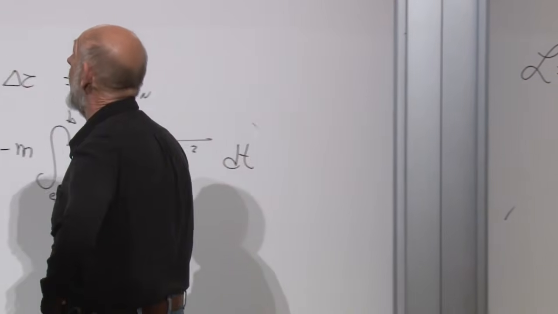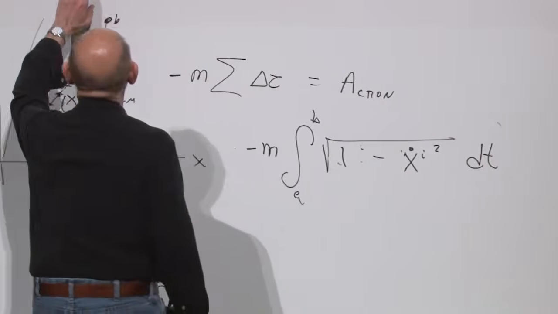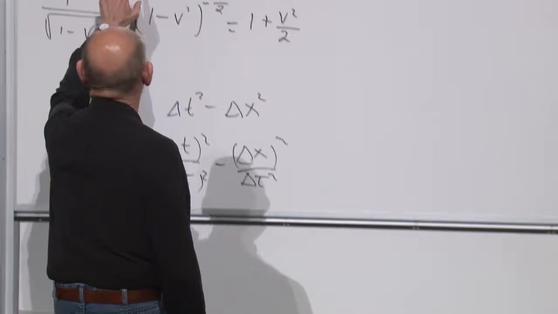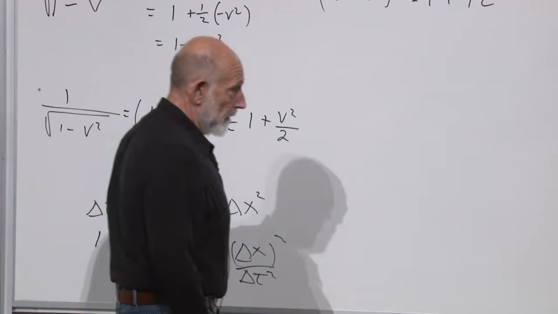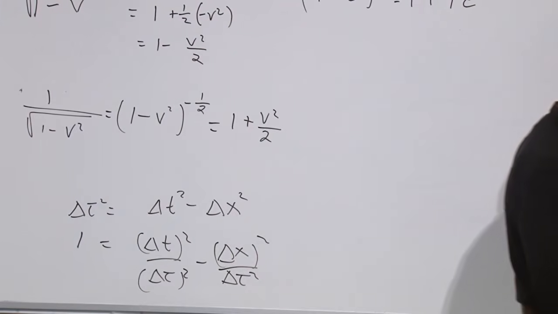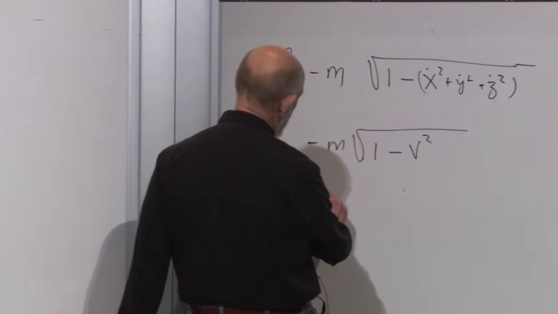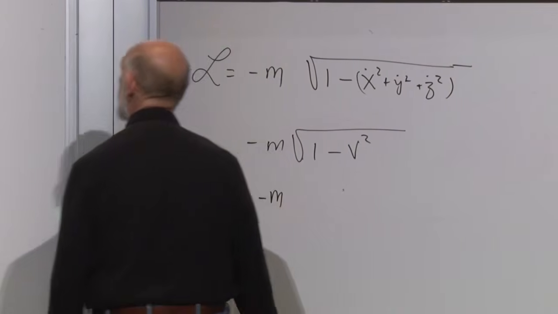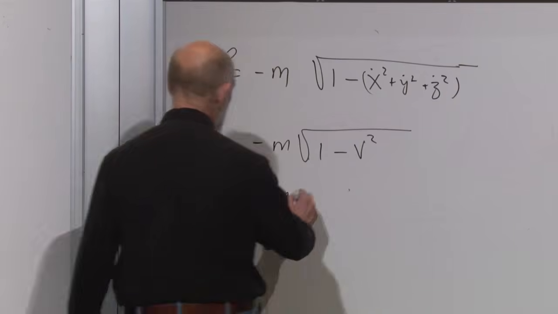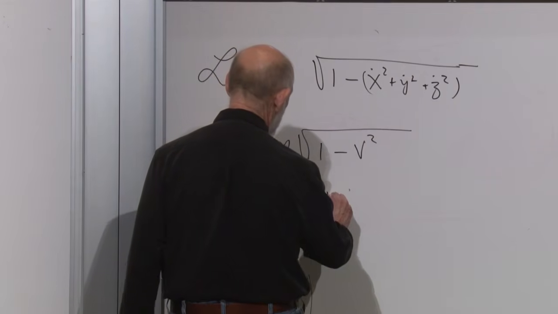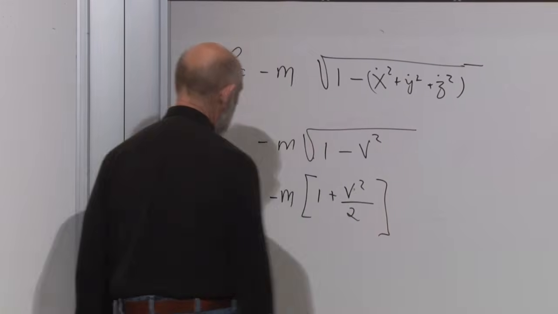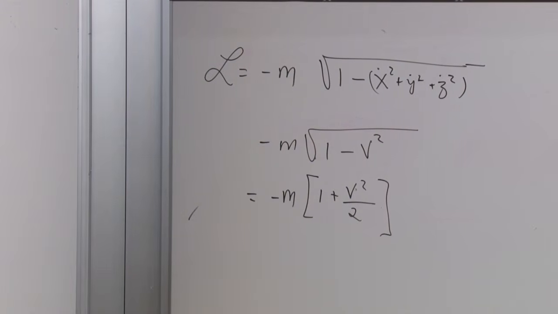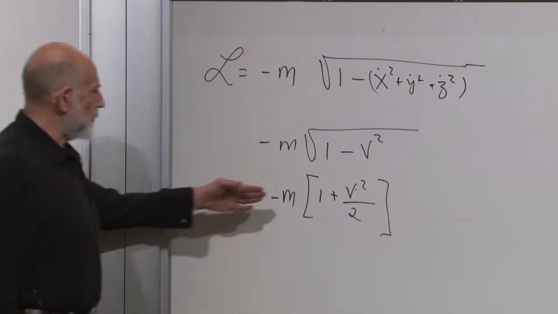For that, we go back to the good old binomial theorem. The binomial theorem tells us that the square root of 1 minus v squared is approximately equal to 1 minus v squared over 2, so this is approximately equal to minus m times 1 minus v squared over 2. So first of all, there is a contribution which is just minus m.